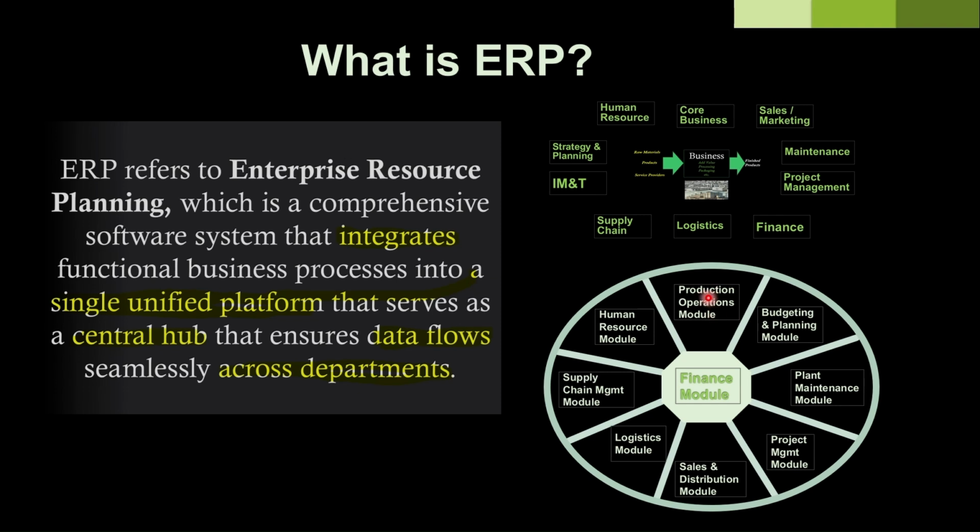So there's a supposed integration between production operations module with human resources module, and vice versa, with supply chain modules and vice versa, and with all the modules. And the same is applicable to every module. So each module is integrated with every other module that exists. But beyond module to module integration, there is also module to finance integration.